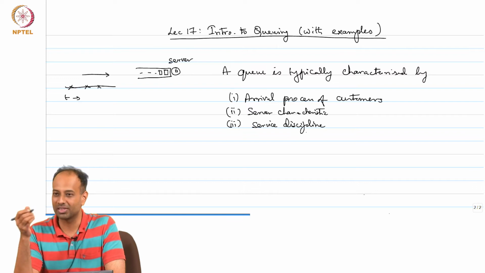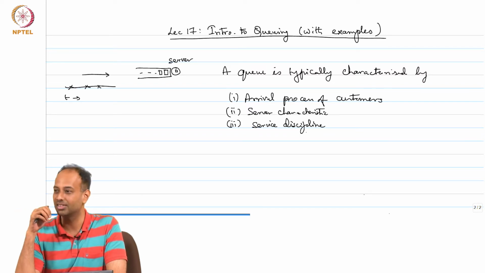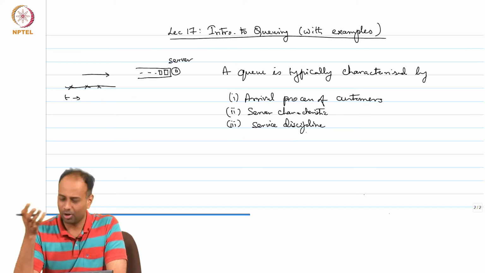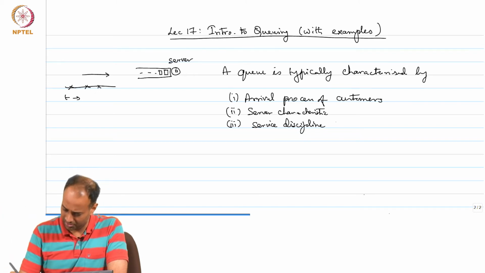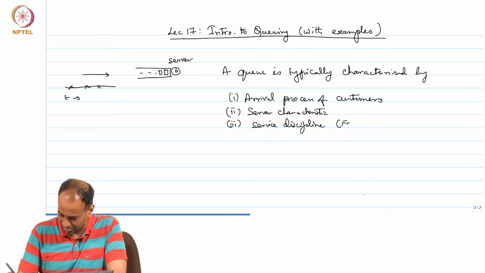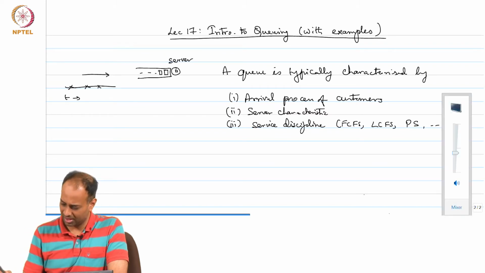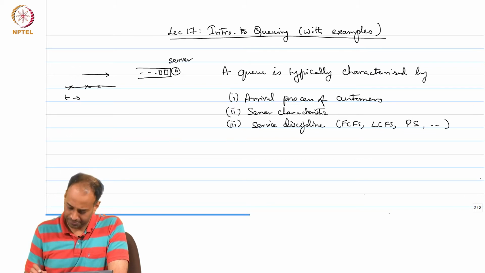Sometimes you may serve the last person who comes in, sometimes you may serve all existing customers at the same rate. All these possibilities exist, and that also matters. Although we will probably study first come first serve, last come first serve, there are other disciplines like processor sharing and so on. But when nothing is specified, people usually assume that this is for first come first serve.